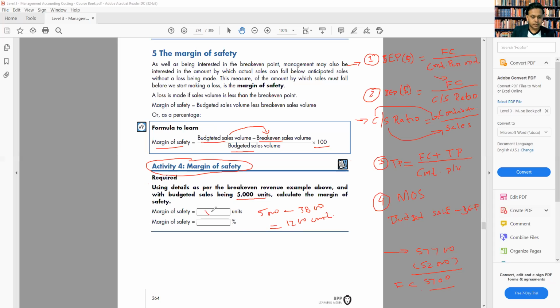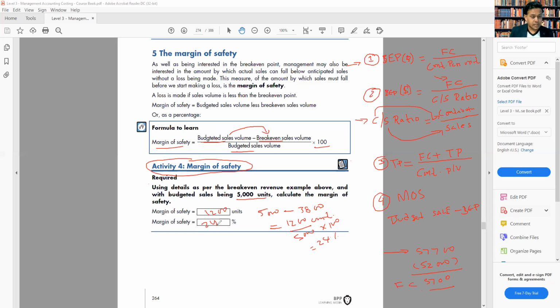And if we like to show it as a percentage, what do we do? On the bottom, we write again the budgeted sale, so 5,000, and times by 100. That will show us the percentage. Is it 24%? Thank you, Nazia. So it's 24% margin of safety.